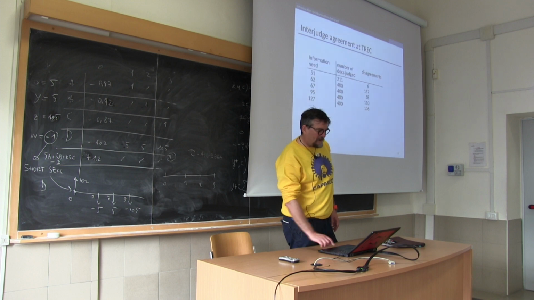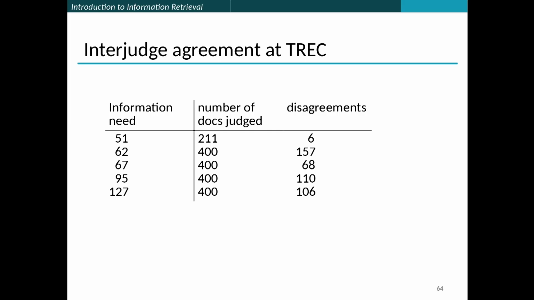Notice that when you consider inter-judge agreement in the TREC benchmark dataset, it's interesting that for a number of information needs the disagreement is actually pretty high. Among 400, remember that they are not considering the whole set of about 2 million documents, but only the most relevant ones for given systems.